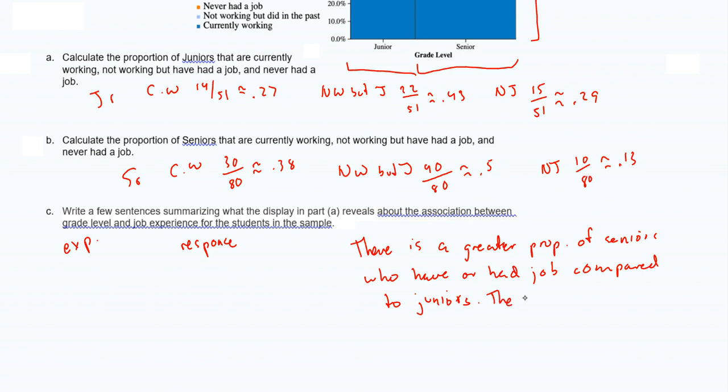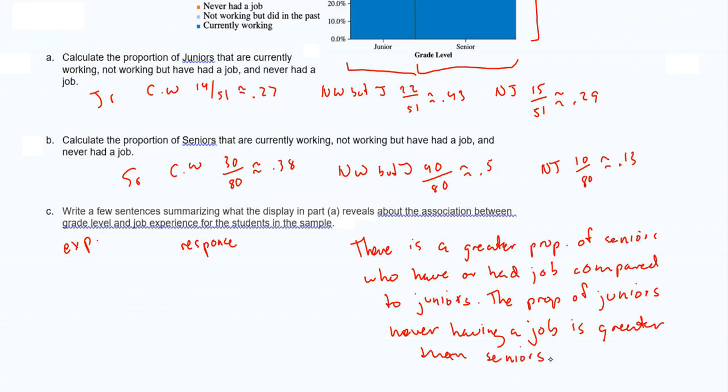The proportion of juniors never having a job is greater than seniors.